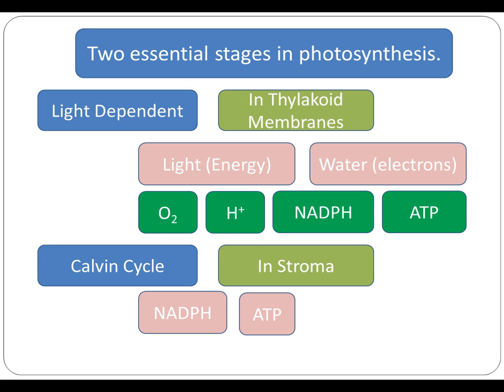ATP and NADPH are the energetics. But what is critical to photosynthesis that we've not talked about? Carbon dioxide. Okay, very good. Carbon dioxide is necessary as well.